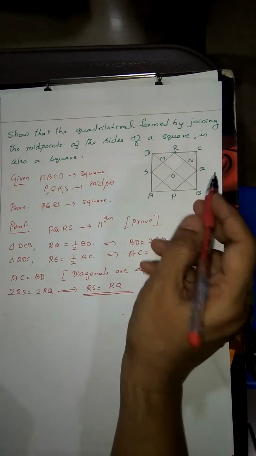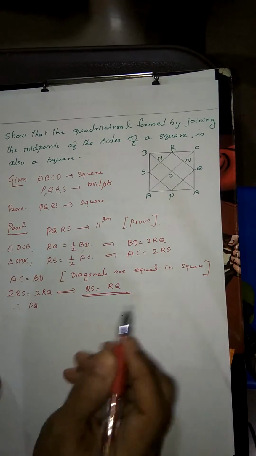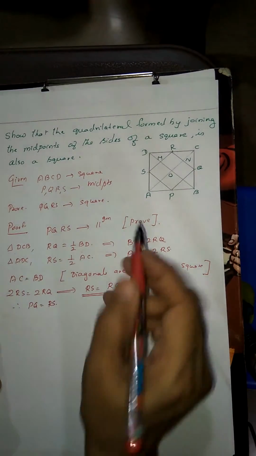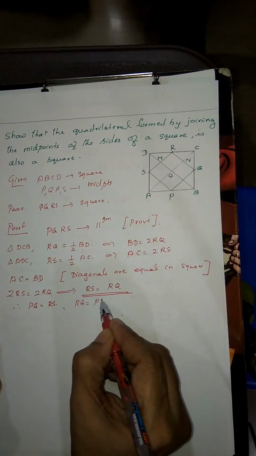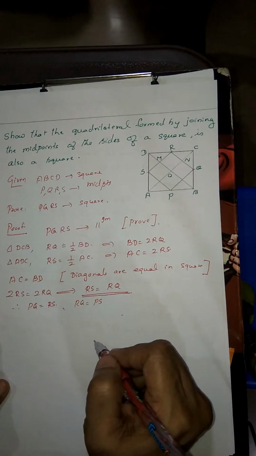So the adjacent sides are equal. Therefore, you can say PQ is equal to RS and RQ is equal to PS, opposite sides, and RS is equal to RQ.